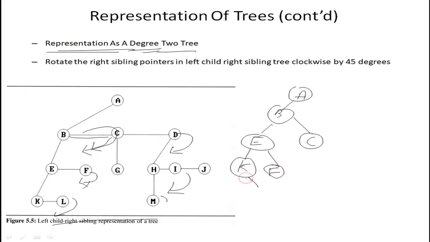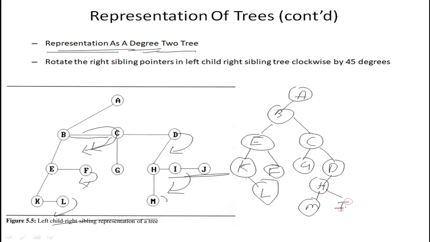L also is shifted, so it comes over here. G I write as it is. D is rotated, it comes over here, shifted by 45 degrees. H is going to come here. M is going to be there. Then towards the right of H, I had I and J. Now they are going to come down because they are shifted by 45 degrees.